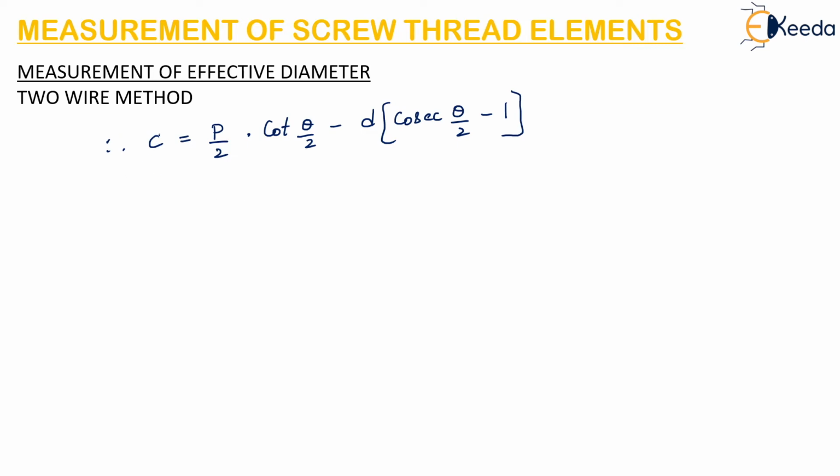So here is how we find the value of C, because we have already written E = T + C and E minus T is equal to 2 into FG. So E minus T will give us the value of C. So 2 into FG is nothing but the value of C. For Whitworth thread, theta is 55 degrees.